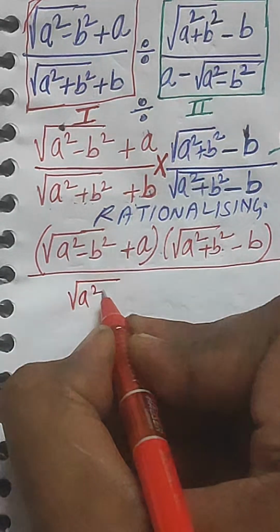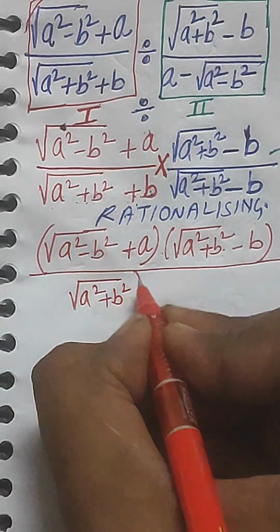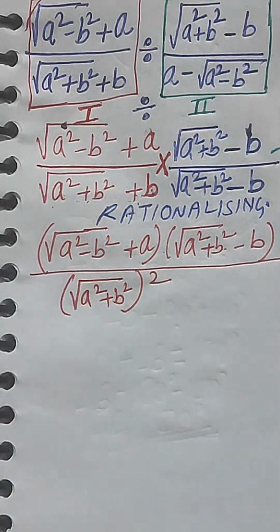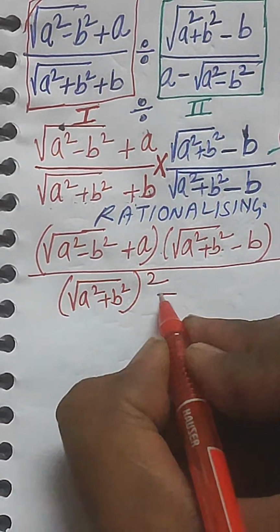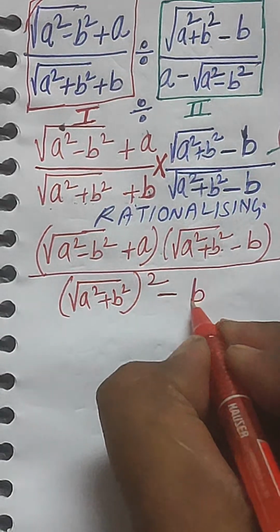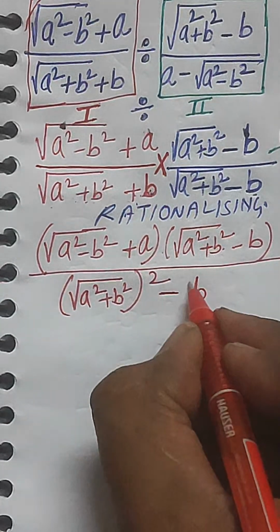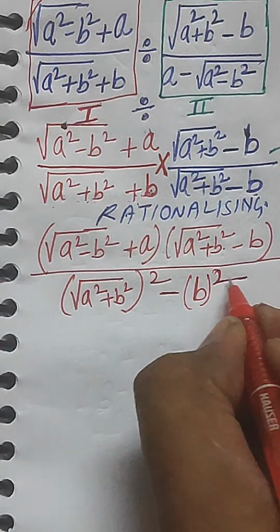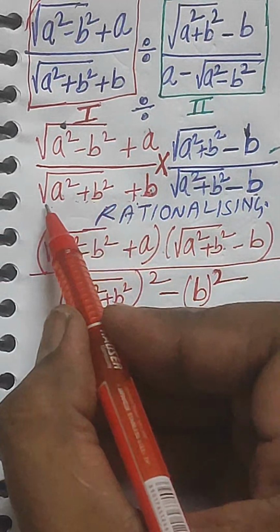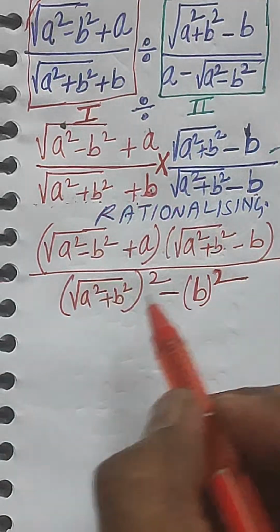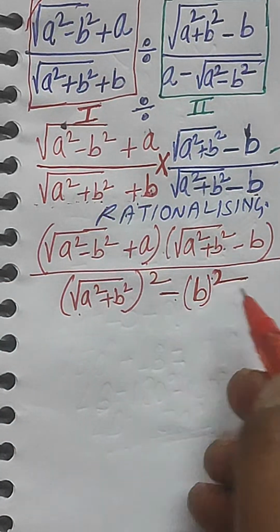So similarly this will give you root over of a square plus b square whole square in the denominator minus b square, that is, here b is this one, whatever we have explained in the formula as x or a, that is root over of a square plus b square. So this square minus this square, right?